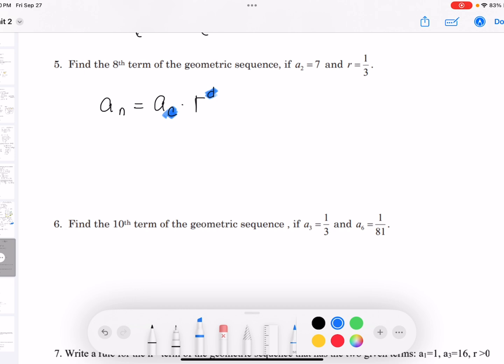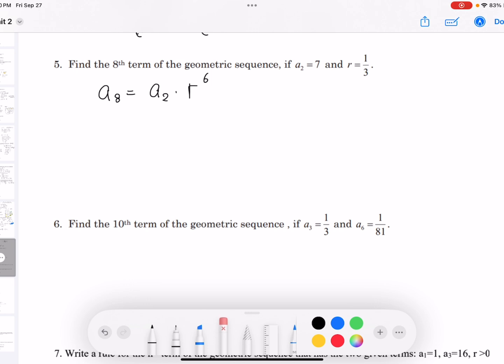So c plus d is equal to n. Now if the first term is not given, but the second term is given, I can use this formula. A sub 8 is equal to a sub 2 multiplied by r to the 6th power.